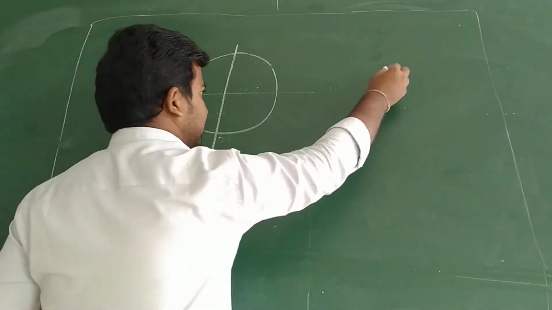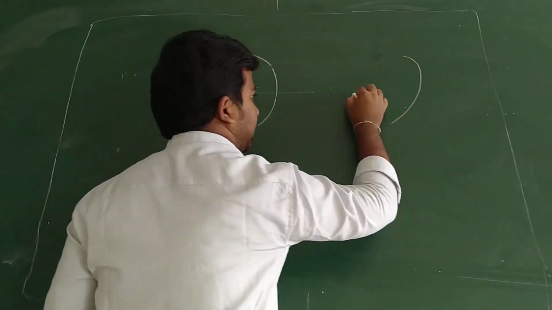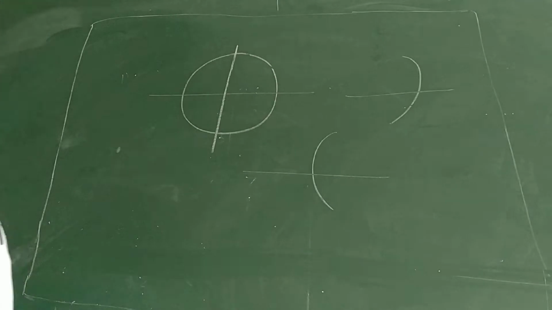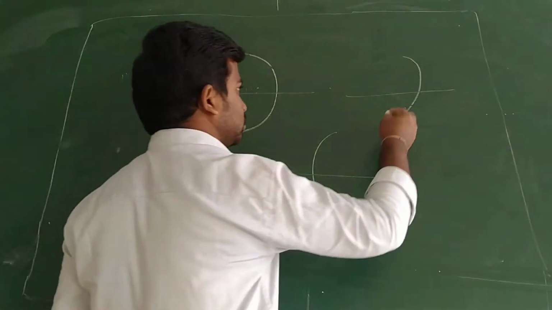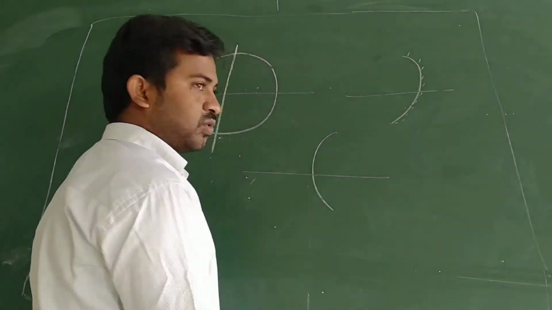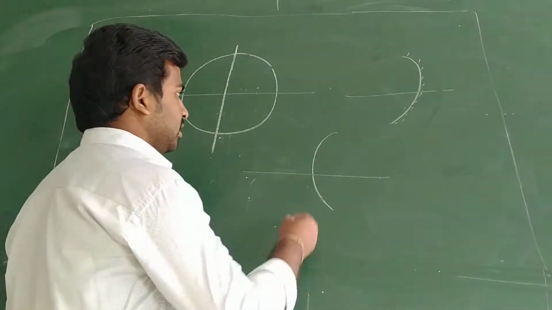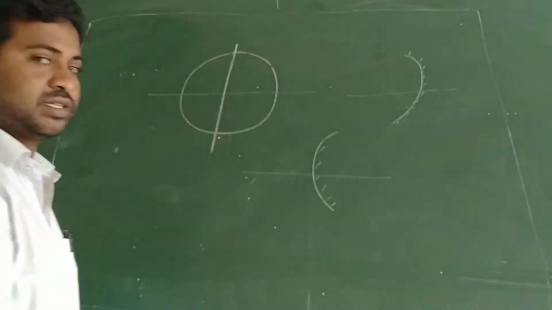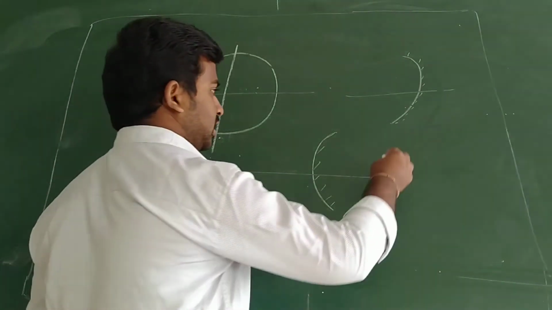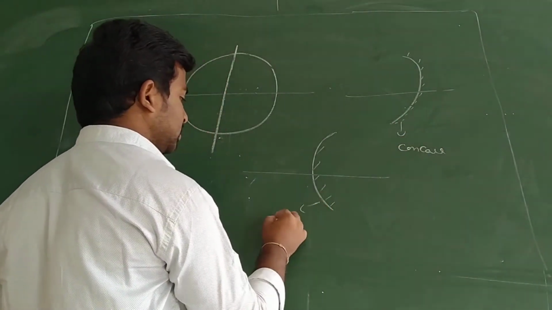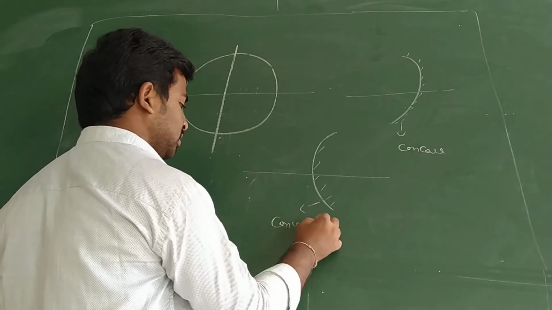Then one is like this, and another one is like this. If you choose the inward surface as the silver coated surface, this is a concave mirror. If you choose the outside surface as the silver coated surface, this is a convex mirror.